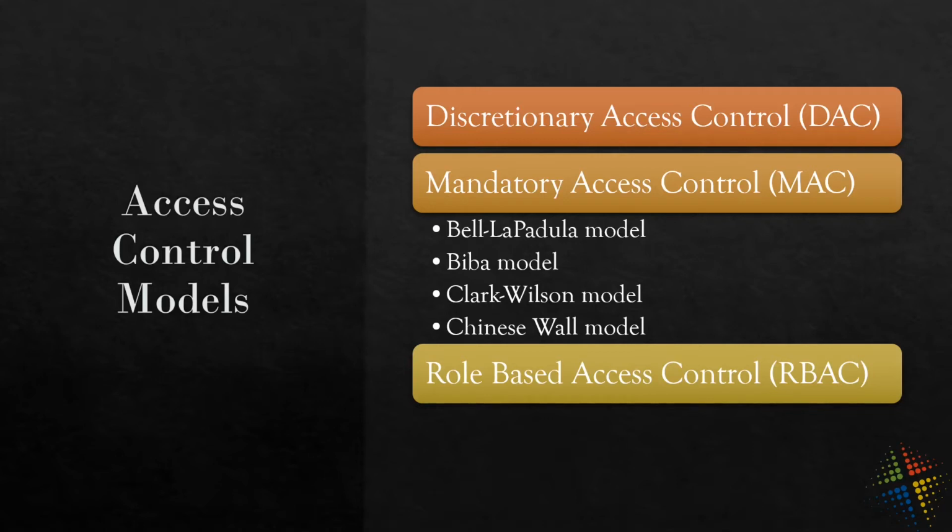The very first model is called discretionary access control. Now, if you've been around the Windows environment very long, you may have seen references to DACLs, discretionary access control lists. And the key term there is discretionary.